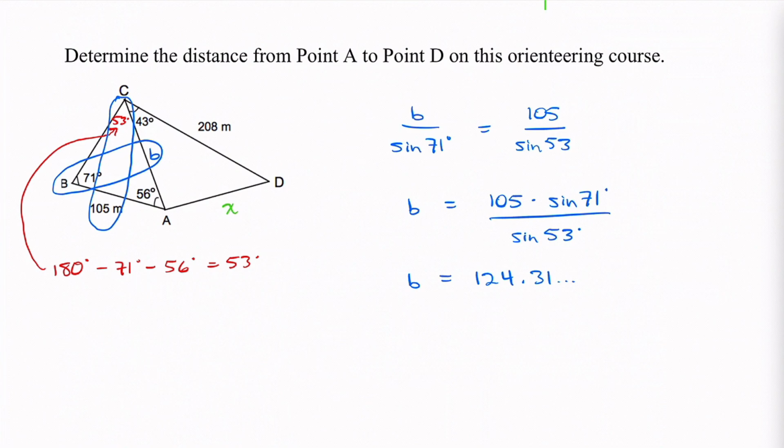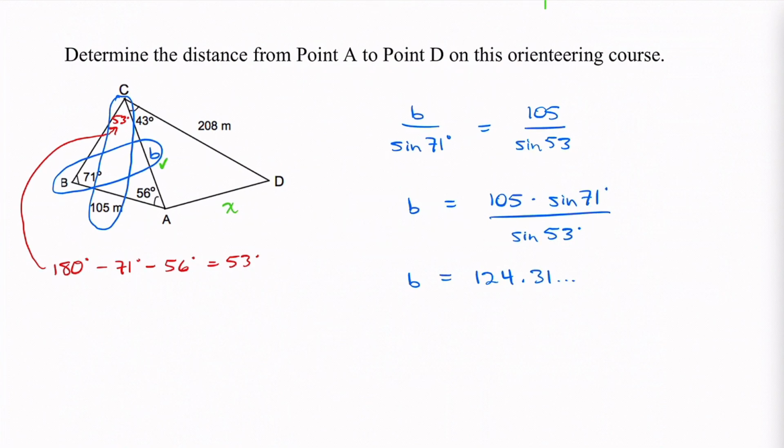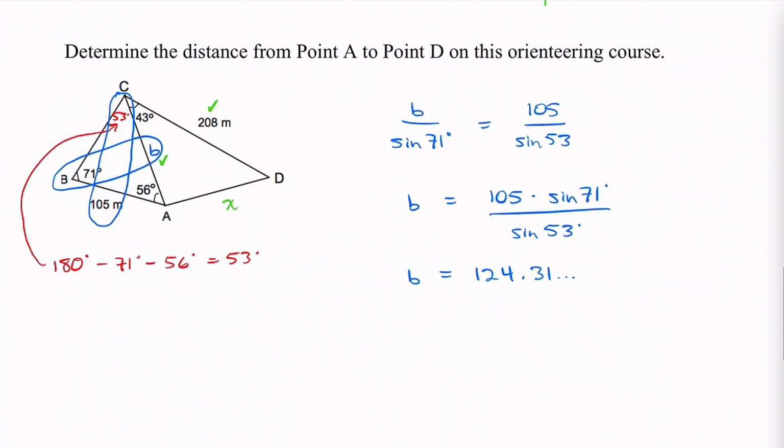So now that I have that, I see, because I got this side and because I got this side, and I have the angle in between, I now have that side angle side scenario. So if I got side angle side, I can use the cosine law. So let's do that down here.